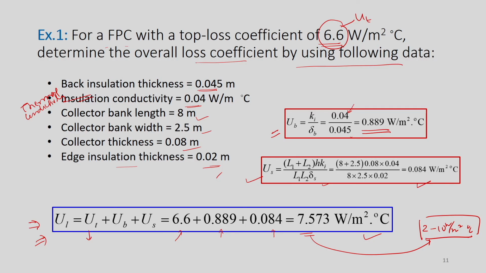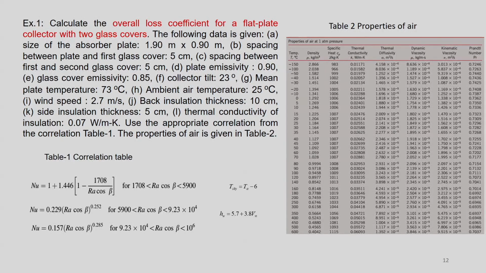Now, let us take a somewhat bigger problem in order to understand the things very clearly. This problem has been incorporated in this lecture. The example goes something like this: calculate the overall loss coefficient of a flat plate collector with 2 glass covers.